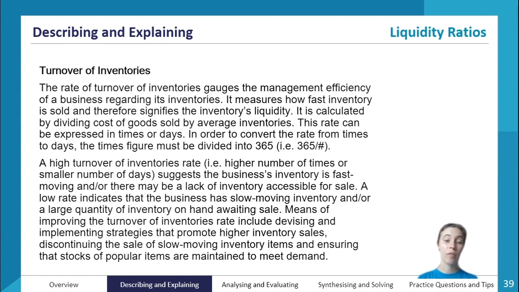So a high turnover of inventories, so a higher number of times or a small number of days, suggests the business's inventory is fast moving, or there could be a lack of inventory for sale. So this is a little bit double-sided, where in general, you probably are going to assume that this rate would be good because the inventory is moving fast.